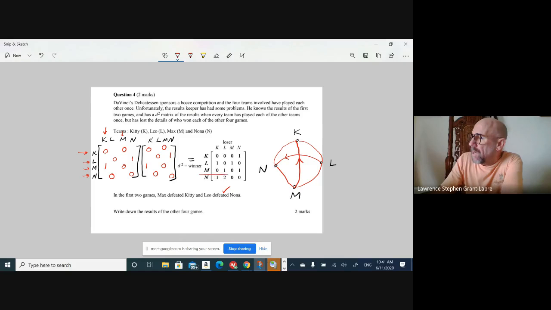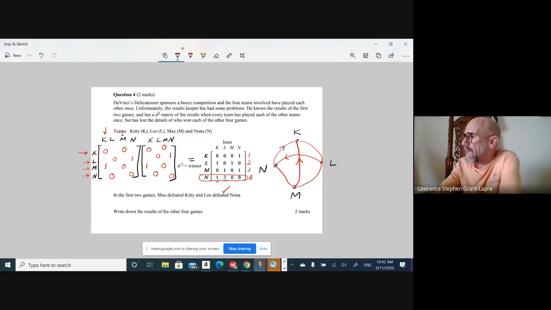But have a look along here, and we see that in the D-squared, N scores 3. That means that N has picked up a victory and another victory with a bonus on Leo. So N did not beat Leo. Of course, Leo beat N. But N scores the most. You see M scores 2, L scores 2, K scores the worst. K will have the least victories, N will have the most victories.